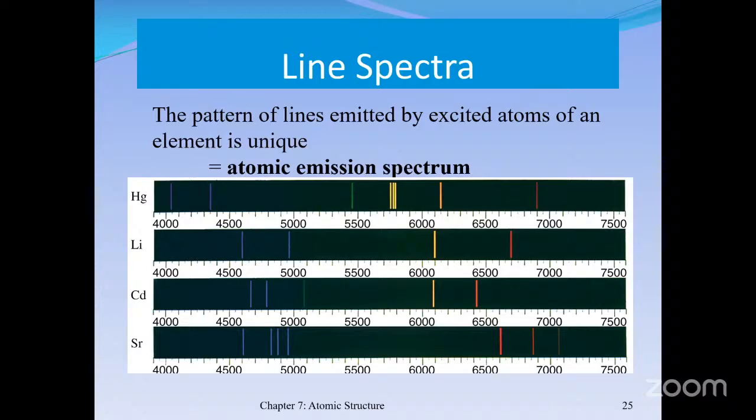Because they can determine the line spectrum of iron from the sun. So these are just some examples of line spectra. Each element has its own spectrum, and that's why it's considered to be the fingerprint, quote unquote, for the respective elements, all right?